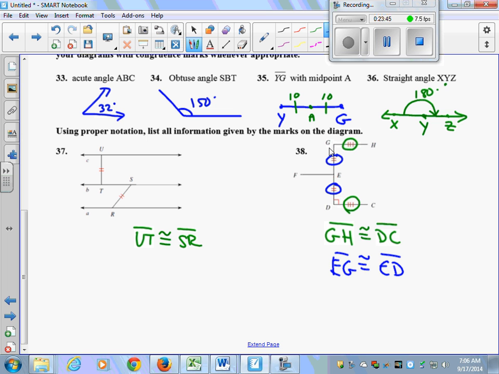And the last thing I see here is this right angle. So you could say GD is perpendicular to DC, or you could say the measure of angle GDC equals 90 degrees. Or you could say angle GDC is a right angle.